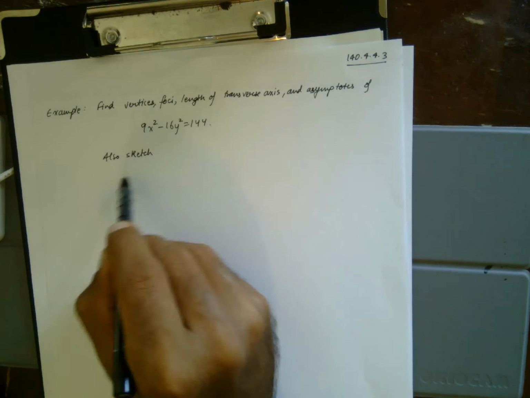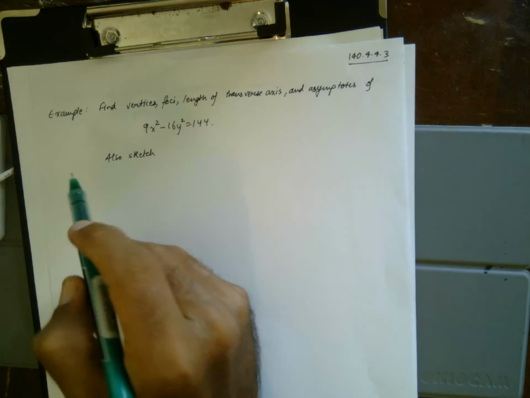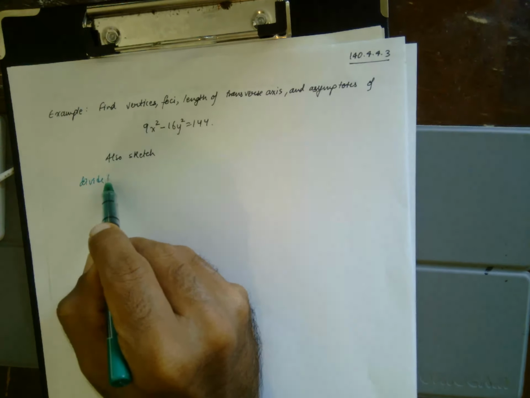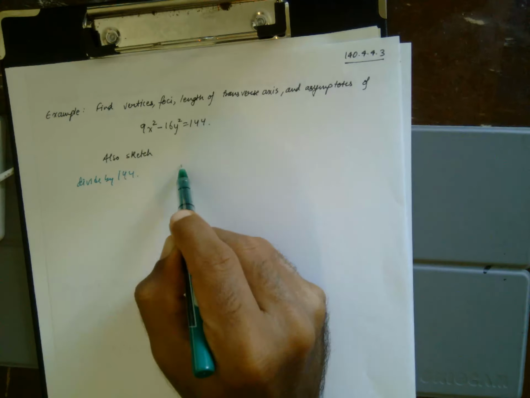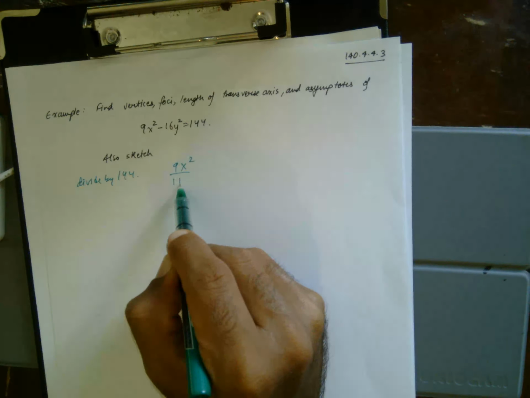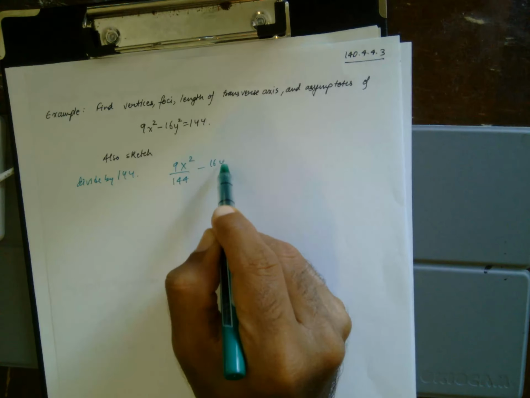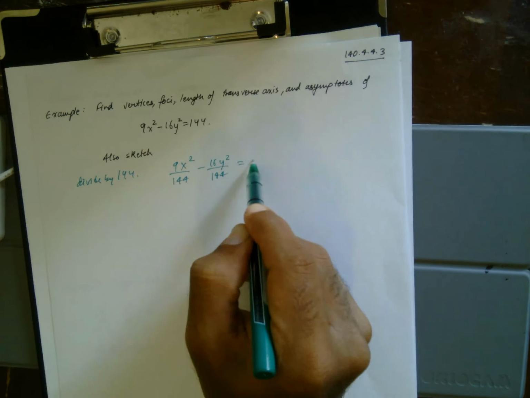So first of all, we need a 1 on the other side, so we divide by 144. So I get 9x squared over 144 minus 16y squared over 144 equals 1.